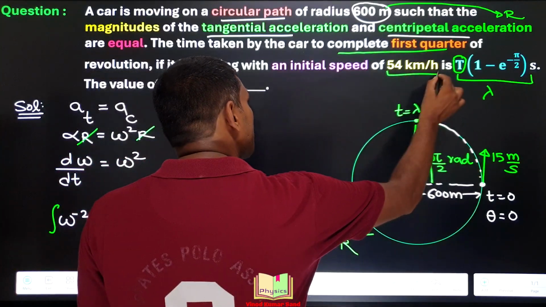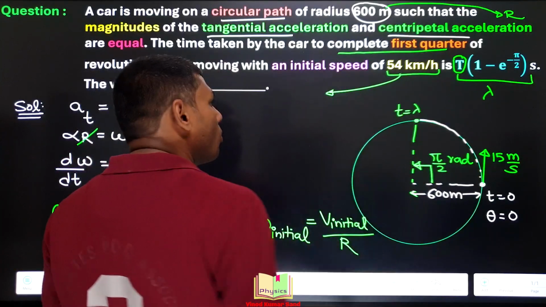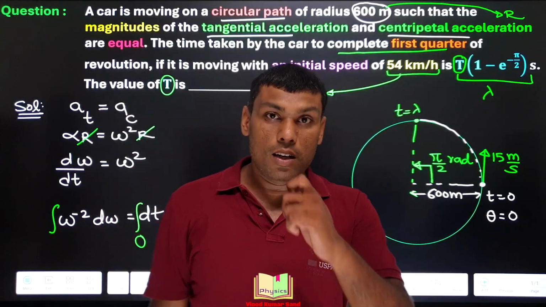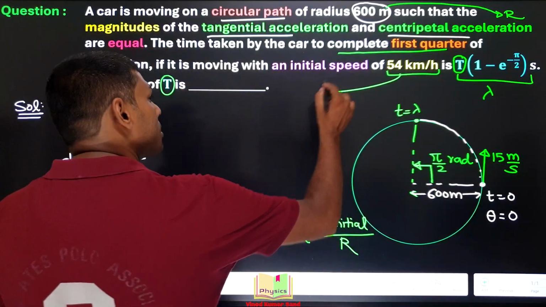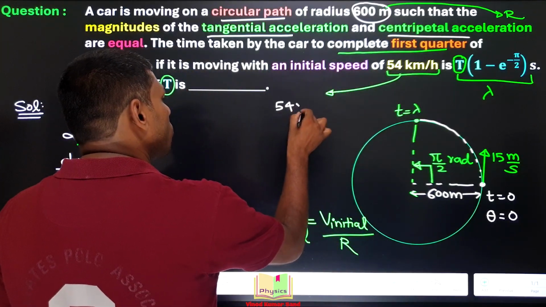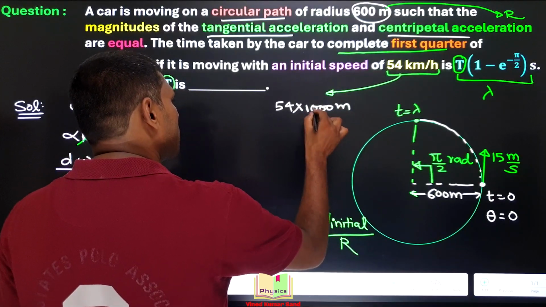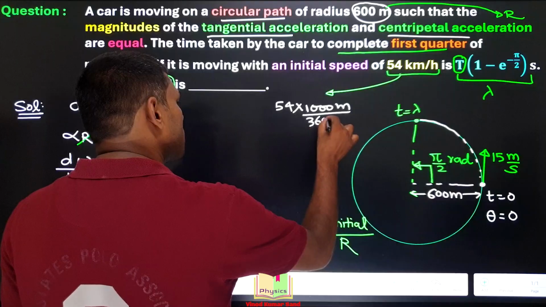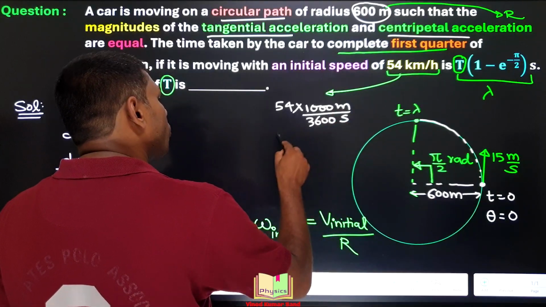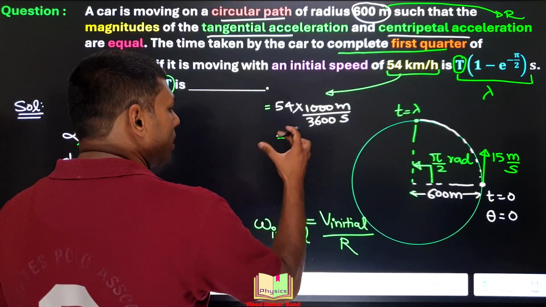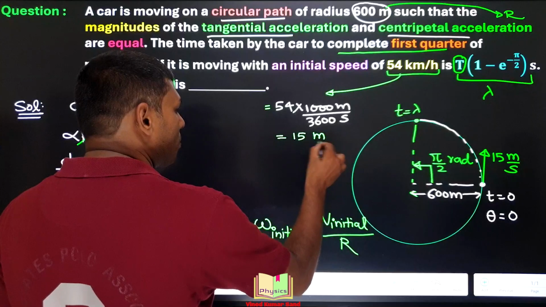V initial was mentioned in the question and we have converted it into SI units. So 54 into, at the place of kilometer, you will write 1000 meter, at the place of hour, you will write 3600 seconds. When you simplify it, it comes out to be 15 meter per second.